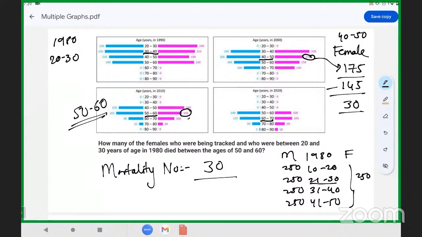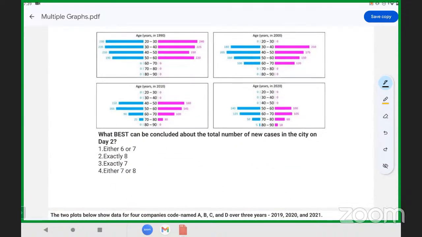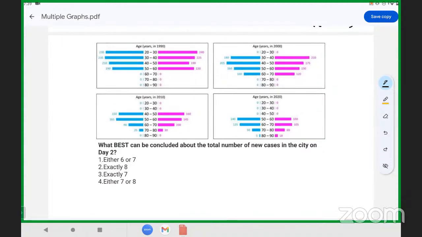They were 175, and when that period ended, we only had 145 left, which means 30 died. Ignore this question. This is a wrong question.